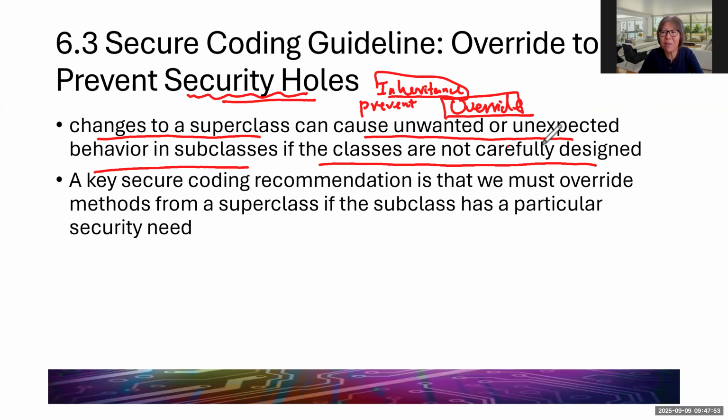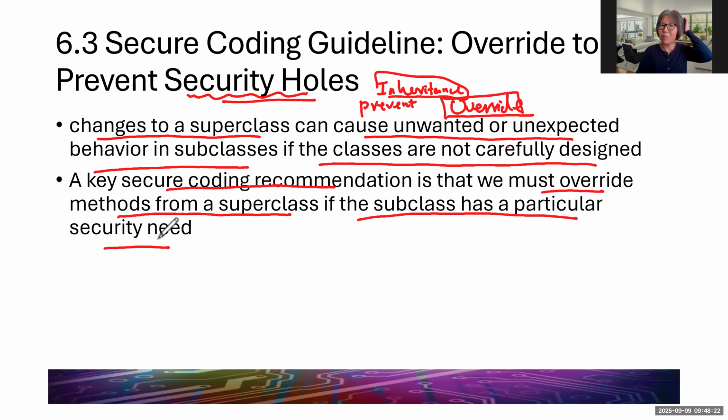We will see that in our example. So the secure coding recommendation is that we must override the method from the superclass if the subclass has special security needs. Sometimes you may also want to have your own subclass based on the superclass design.